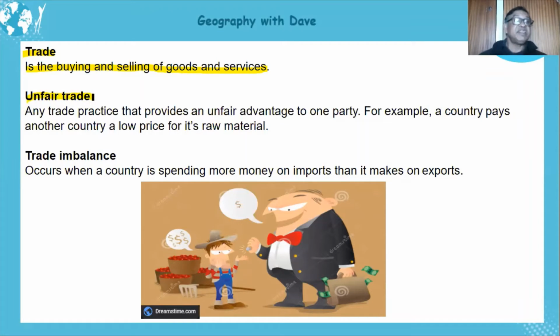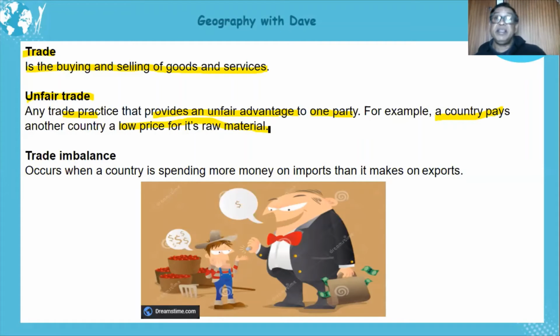Then we have a concept known as unfair trade. Unfair trade is any trade practice that provides an unfair advantage to one party. So if two countries are trading, one gets the unfair advantage. For example, a country, especially an MEDC, pays another country a very low price for its raw materials. They say to the poorer country, listen, I know you sell us this at maybe R5,000,000 a ton, but the rate is R1,000,000 a ton.